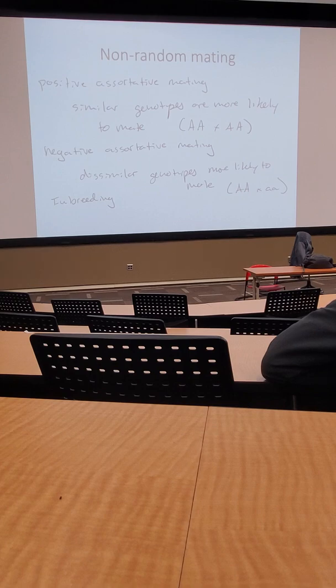Yeah, so inbreeding is when you mate with an individual who's more genetically related to you than the rest of the population. So that's mating between individuals that are genetically related. You might see inbreeding more frequently in a positive assortative case, right?